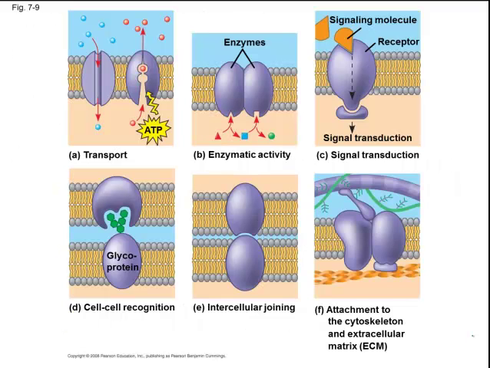Okay, so you can have a transport protein which can function as just a tunnel, and an example of that is an aquaporin. Now, aquaporins are responsible for allowing the entry of water molecules into the cell, into and outside.